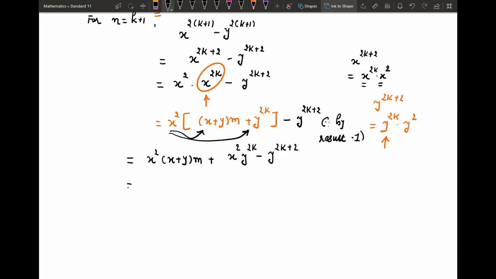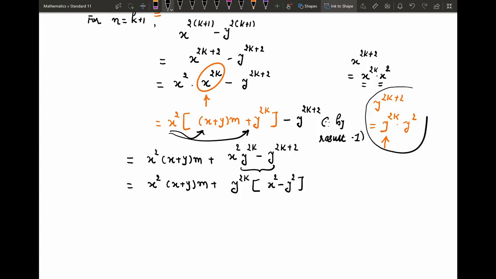Now further simplification is x square into x plus y into m. Now from these two terms we take y raised to 2k common, so into bracket x square minus y square. Here y raised to 2k plus 2, you can observe it is y raised to 2k into y square. So when we take y raised to 2k common from last two terms, in the bracket there will be x square minus y square.